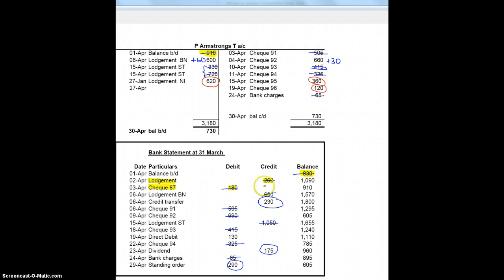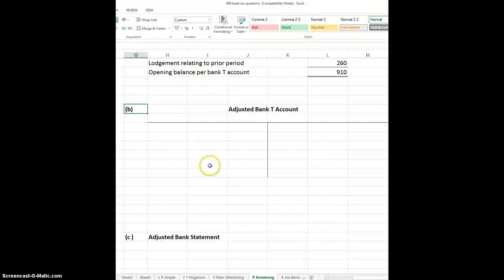So now we're in position to do the adjusted bank T account and the adjusted bank statement, but I'm going to do them rough first so you can see.